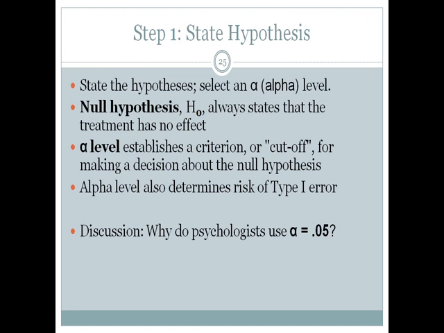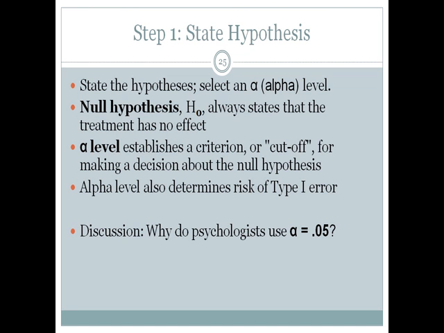Remember, I was talking earlier about, if we do find a difference between two populations, how do we decide whether that difference is big enough to say this is probably not due to sampling error, this is probably due to a real difference?